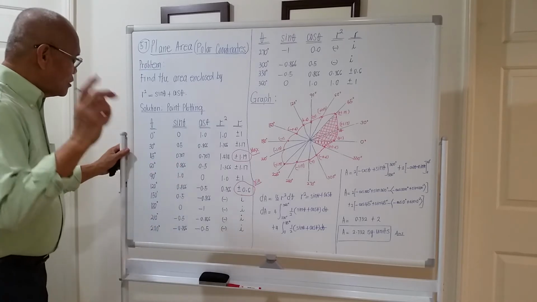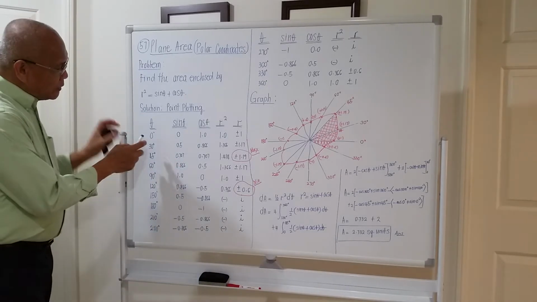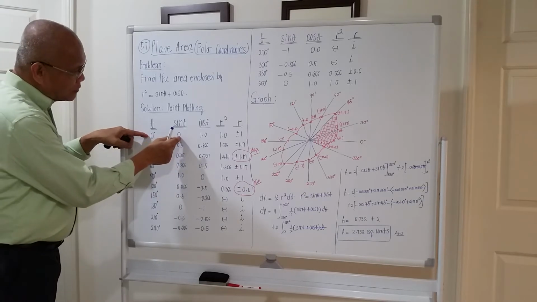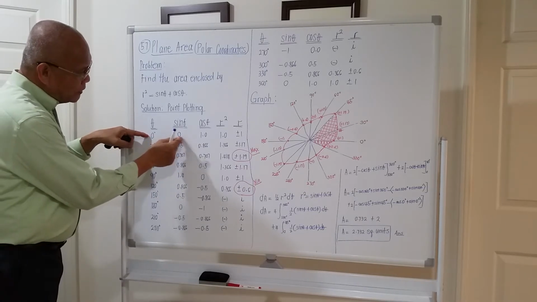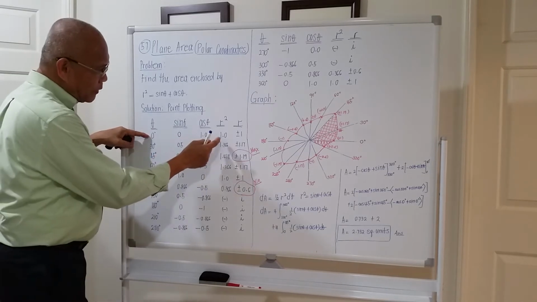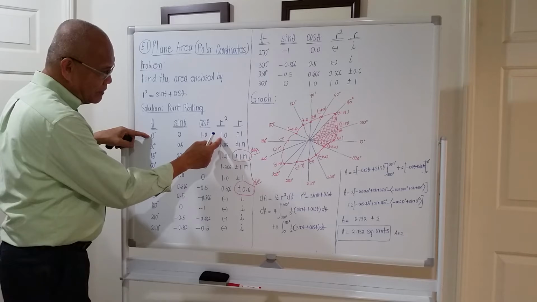Okay, let's proceed. When theta is 0, the value of sine of theta will be 0, the cosine of 0 will be 1, the value of r squared will be 1.